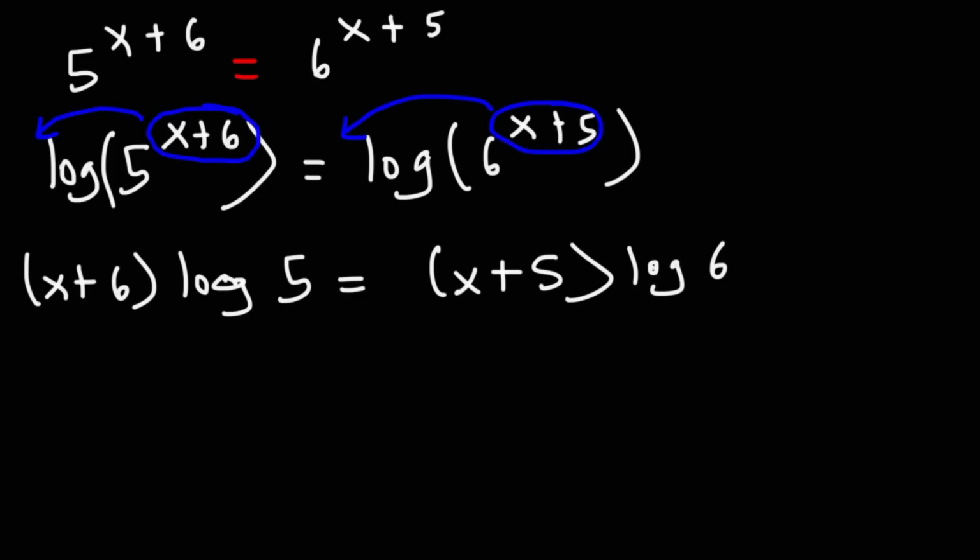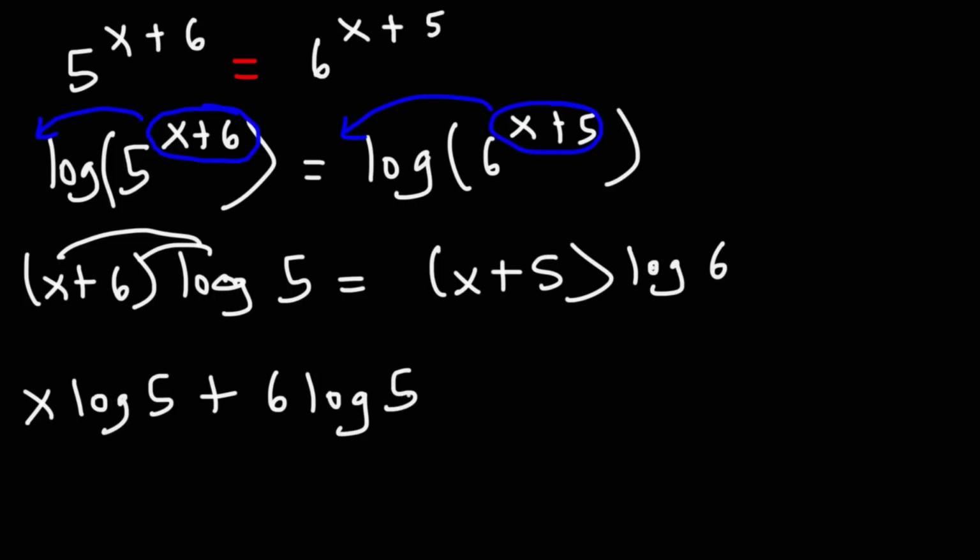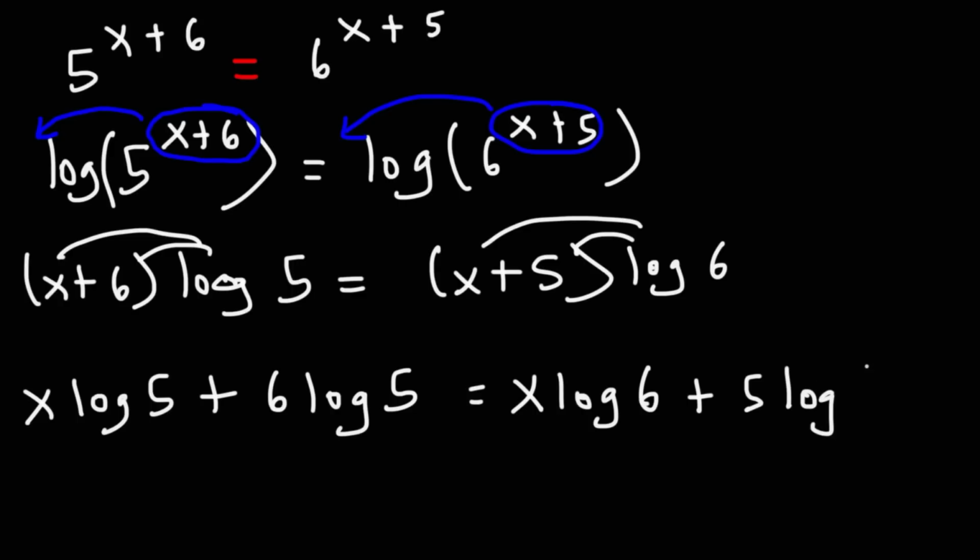Our goal is to isolate x. But in order for us to do that, we need to distribute log 5 and log 6. So here we're going to have x log 5 plus 6 log 5. And then this is going to equal x log 6 plus 5 log 6.